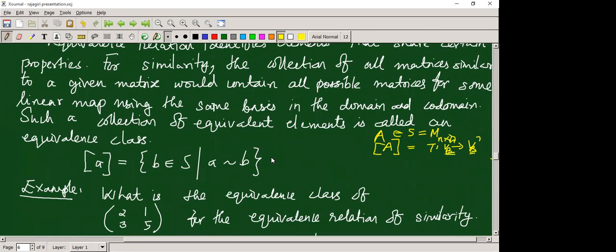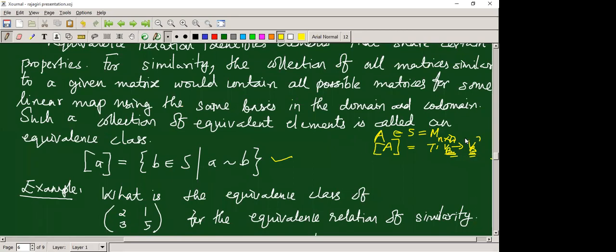So this is the definition of equivalence class, this we know. For similarity, this is the collection of all n by n matrices that represent the same linear transformation with respect to a basis. That basis is taken in the domain and codomain.